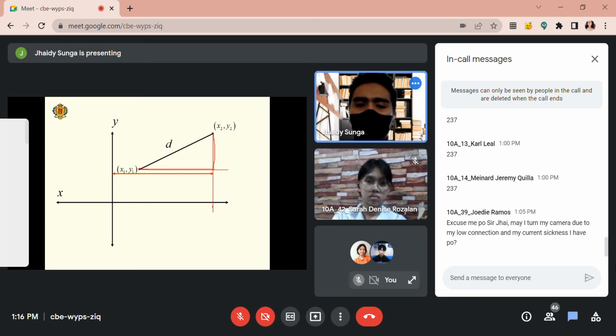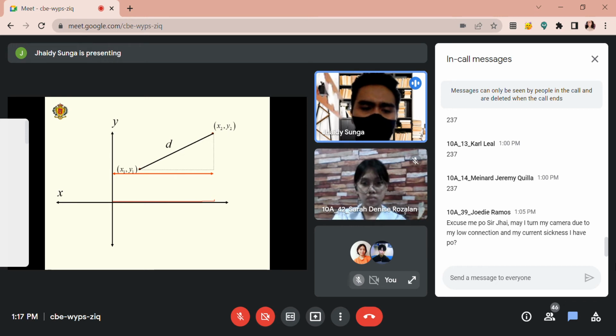We also see that from this line, from here to here, that is the value of x sub 2. Let me erase some details.